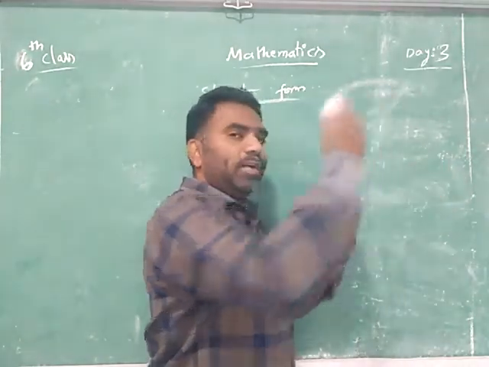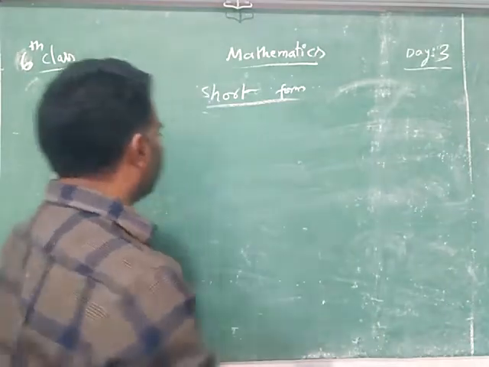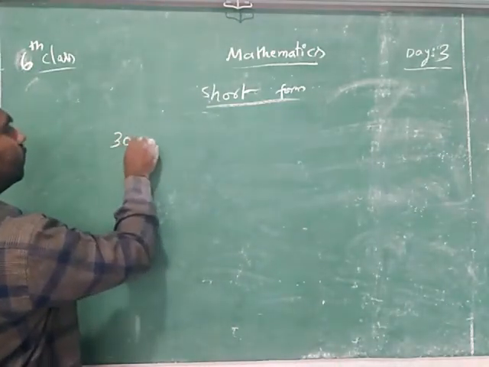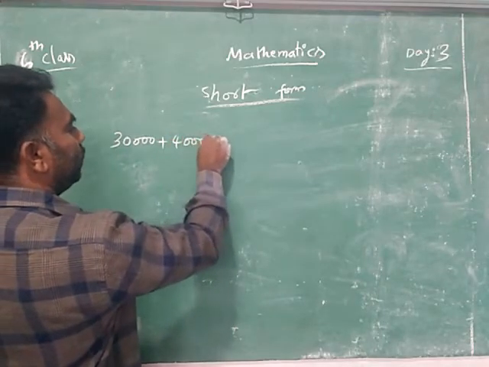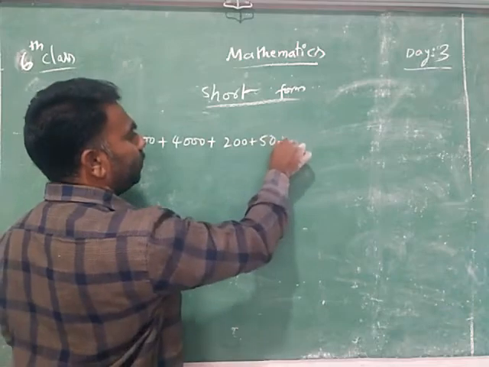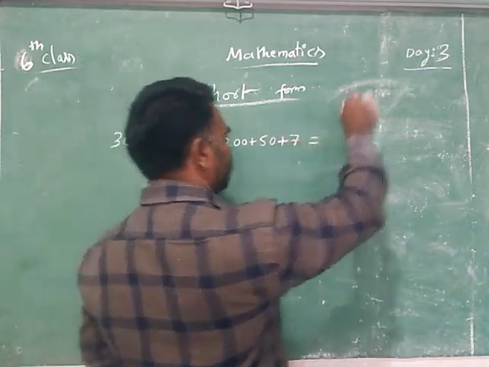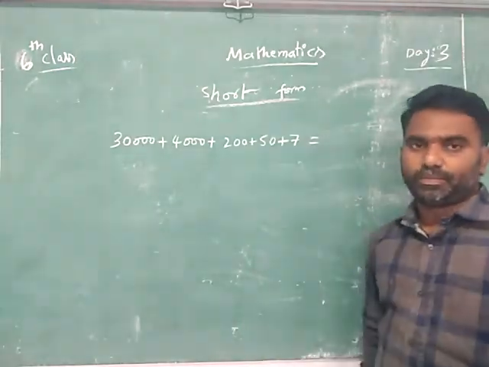Now when you get the expanded form, you need to write the number. That is called short form. So see this: 30,000 plus 4,000 plus 200 plus 50 plus 7. You need to write the number in short form.